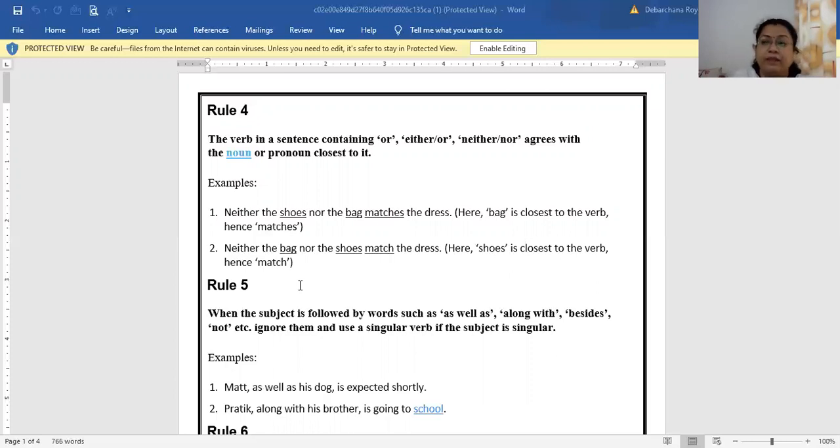Clear? The examples are given. I'm giving you a couple of minutes to note down the rules of rule number 4 and rule number 5 so that I can move ahead.